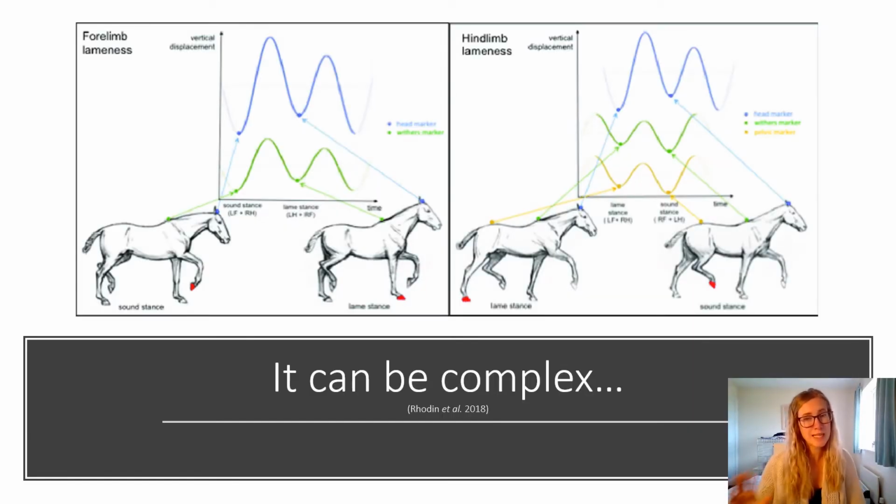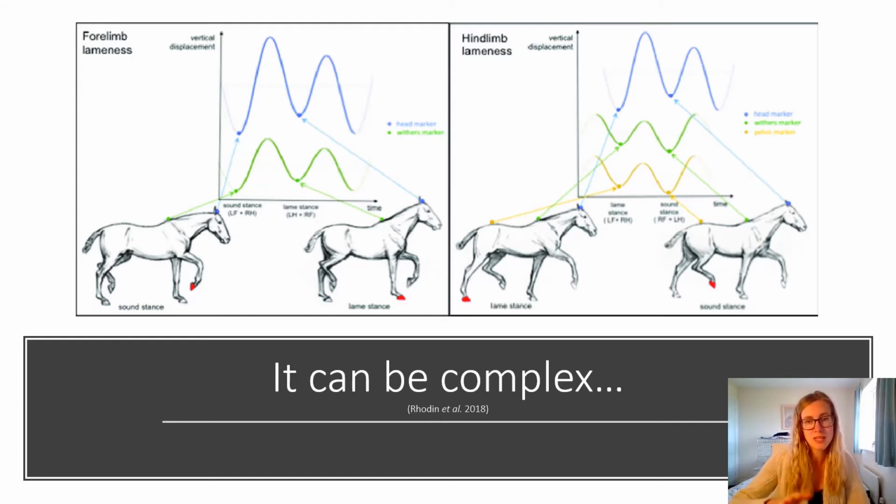So it can get really complicated. This probably looks quite complex, and there's a lot of research on forelimb and hind limb lameness and quadruped compensatory mechanisms, so obviously dogs and horses, and on different lamenesses: forelimb, hind limb, upper limb, lower limb, different joints, multiple lamenesses, so it can get really complicated.